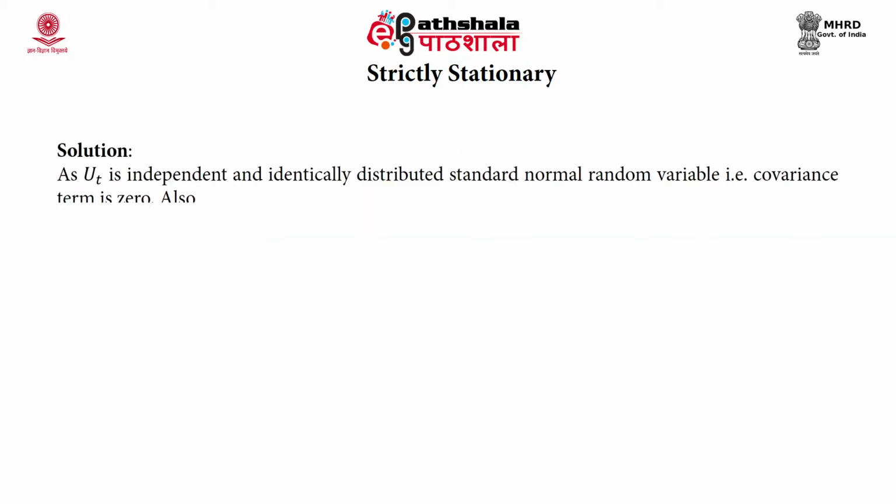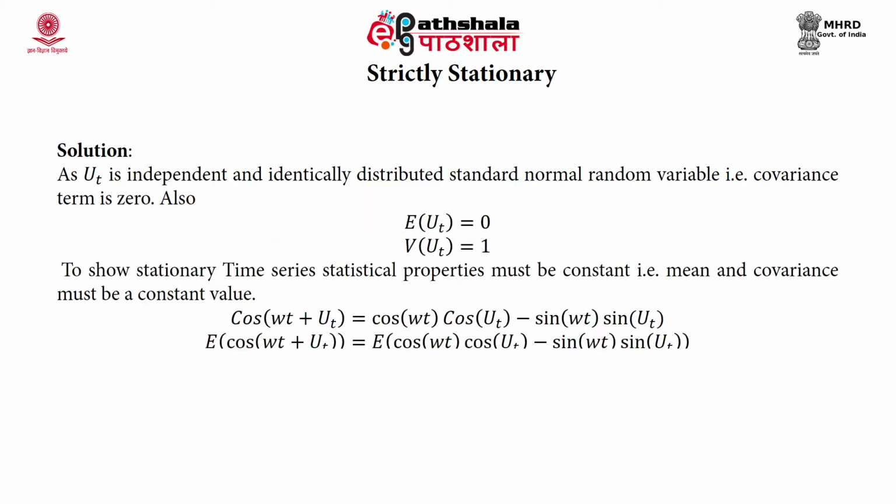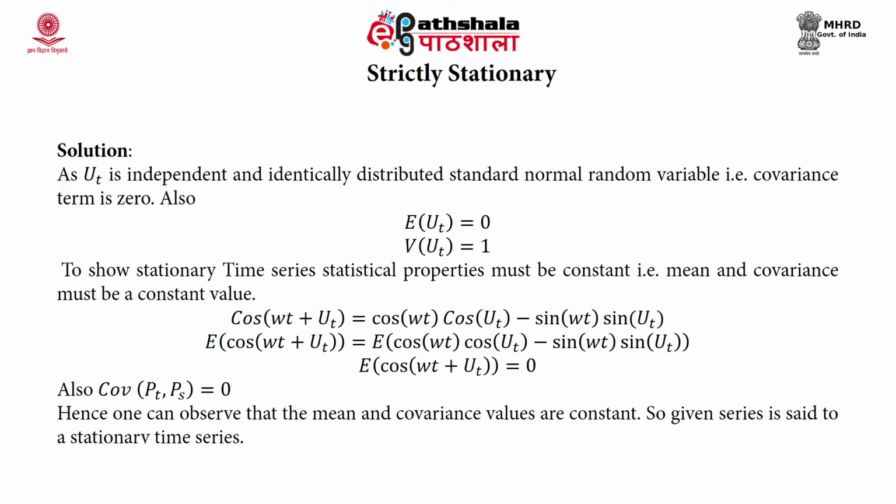The solution is, first we have the information that u_t is an independent and identically distributed random variable. So, it means expectation of u_t should be equal to 0 and variance of u_t should be equal to 1.